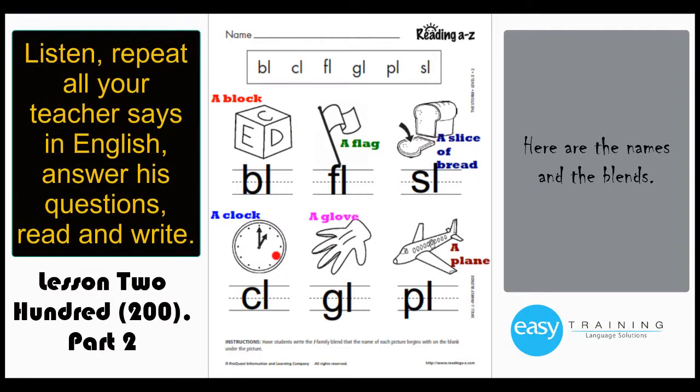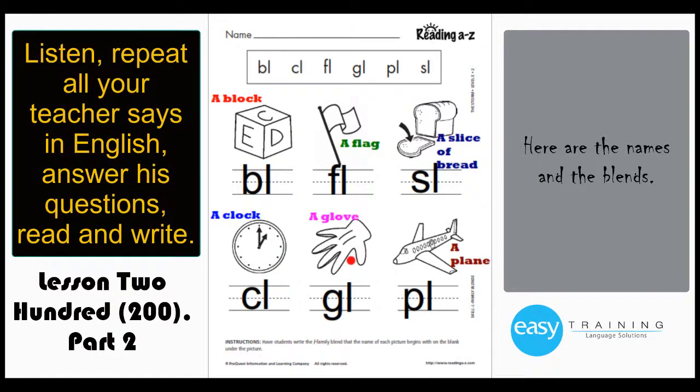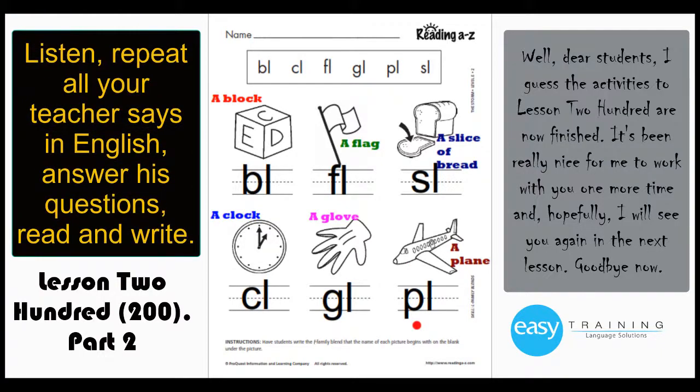Clock begins with CL. This is a glove. Glove begins with GL. And this is a plane. Plane begins with PL. Well, dear students, I guess the activities to lesson 200 are now finished.